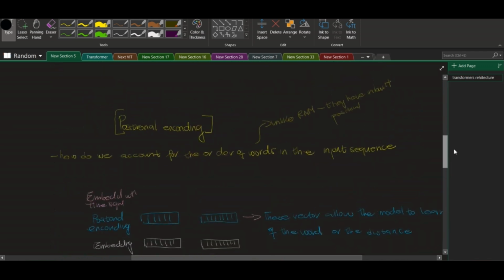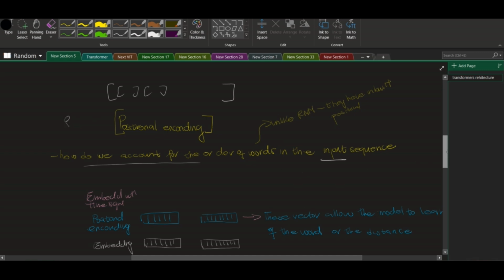So essentially, the inputs have to have some sort of position, right? However, it can be hard for the model to understand that this token is at the first position and the second token is second. So how do we account for the order of the tokens in the input sequence? That's when we introduce the positional encoding.